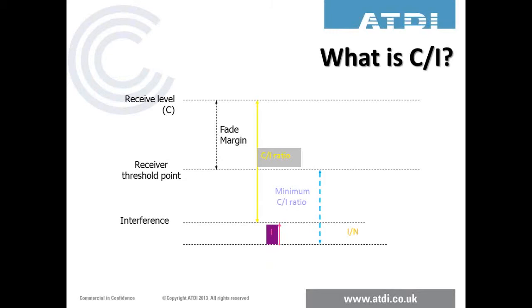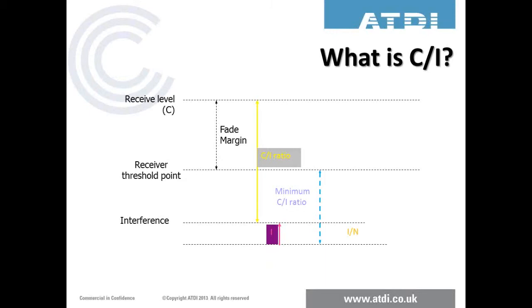It's when that carrier to interference ratio falls below a certain level that the radio receiver will have problems decoding the wanted information from the interference. And a C2I margin literally is how many dBs of margin I have over my noise floor or my interference floor from my wanted received signal.